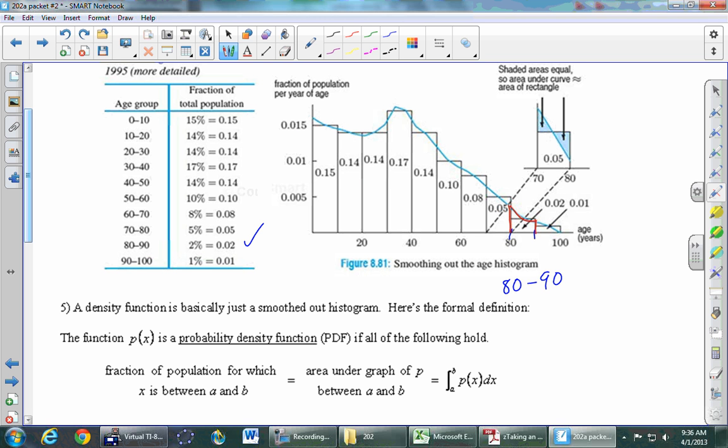But if you approximate the area under the curve with the rectangle, well, you'll be off by some, but the rectangle is blown up here. Oh, did I pick the wrong rectangle? I guess I did. I thought we were doing between 80 and 90, but actually this rectangle is between 70 and 80. So if we look at that part of the curve, and we're interested in the area inside of there, that would be the right answer.